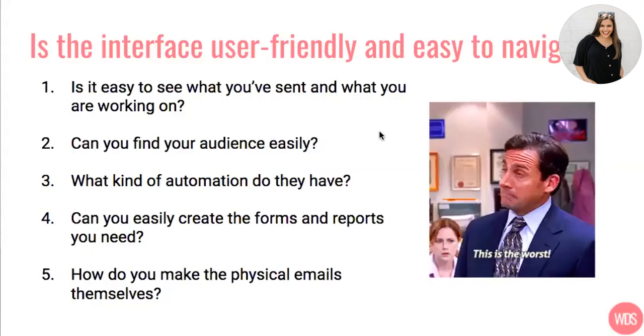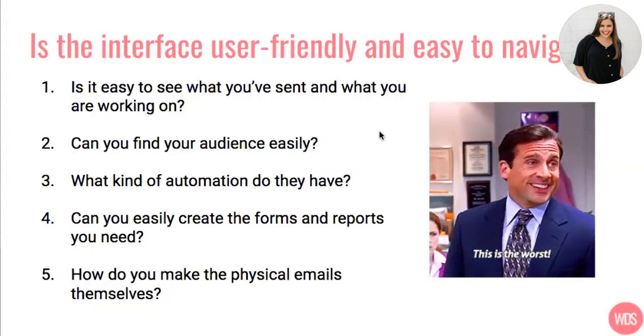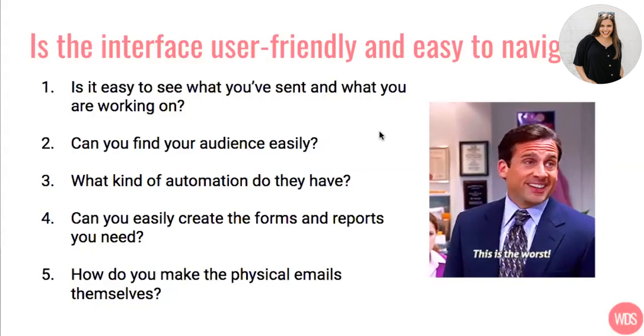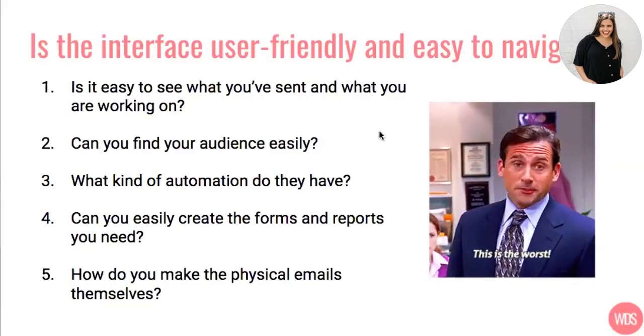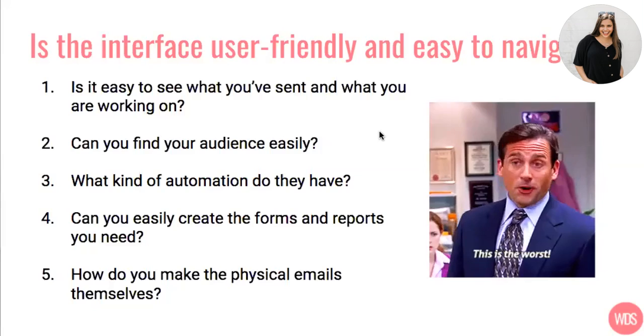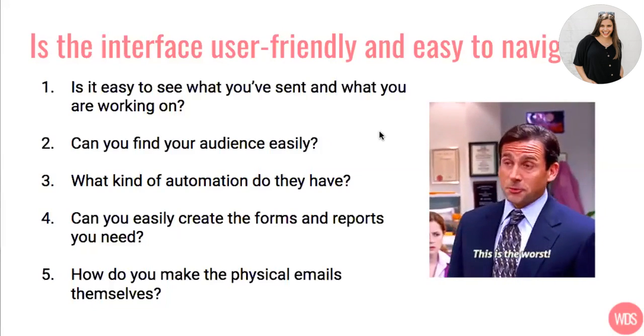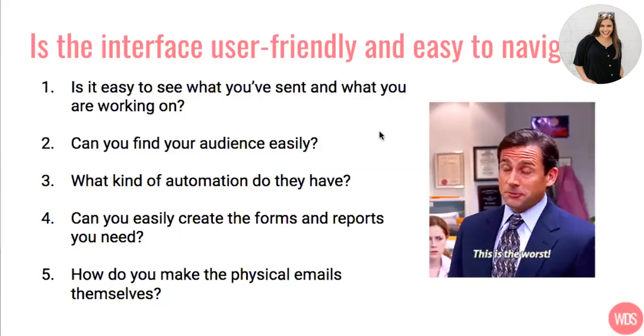Second, can you find your audience easily? I know that with MailChimp, while I use it for a lot of clients and it's a great tool, they change things up all the time. I was in there this morning working on an email for a client, and they were like, hey, by the way, all your automations, which we do have, are now in this place right here. And I'm like, okay, cool, thank you for letting me know, but I never would have been able to find that out.